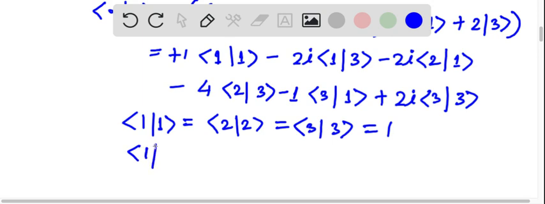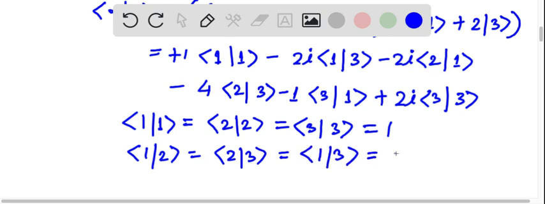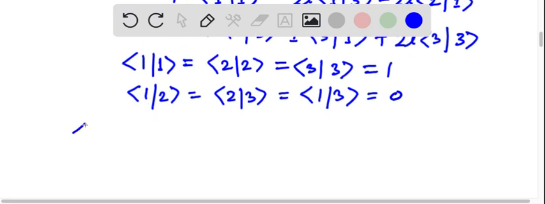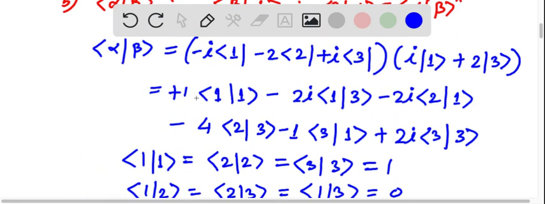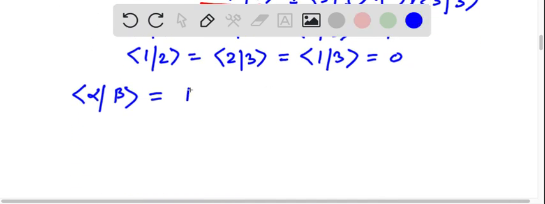Thus <α|β> equals: the first part is 1, the other parts are 0, and the last part gives 2i. So the value of <α|β> is 1 + 2i.